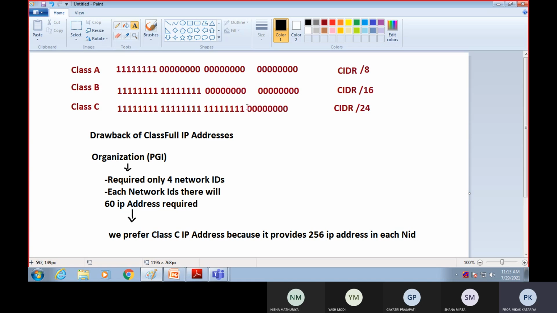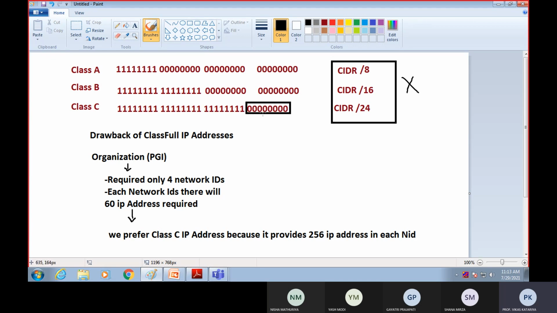We can calculate. We are given a total of 8 bits as suffix, and we know that suffix bits indicate the total number of hosts in the network. So just look at the suffix bits of class C. Just forget about CIDR, we are not discussing it right now. We are understanding the drawback of classful IP addresses.